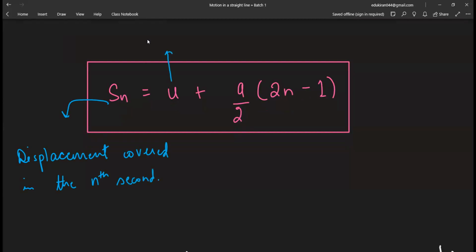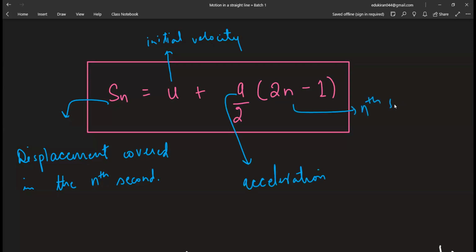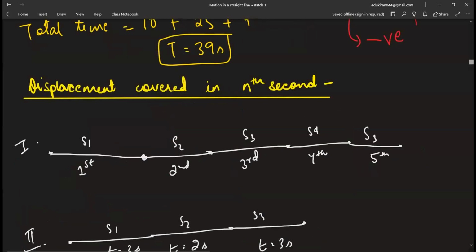U is the initial velocity. Fine. This A is the acceleration. And this n, this is the nth second. Let's see some questions also, then only it will become clear. First, write down it till here.